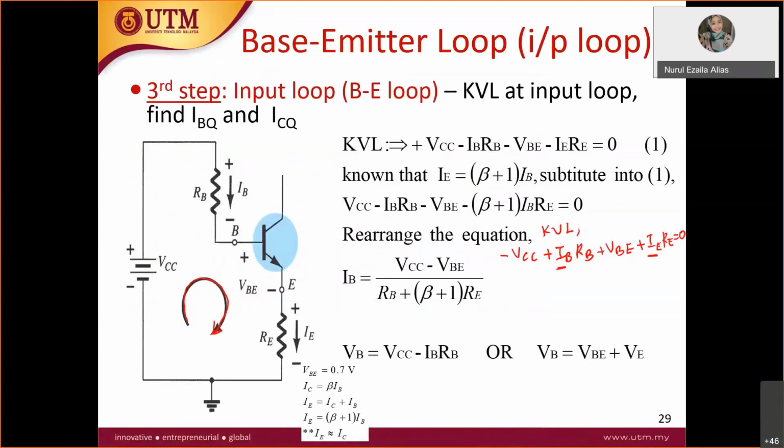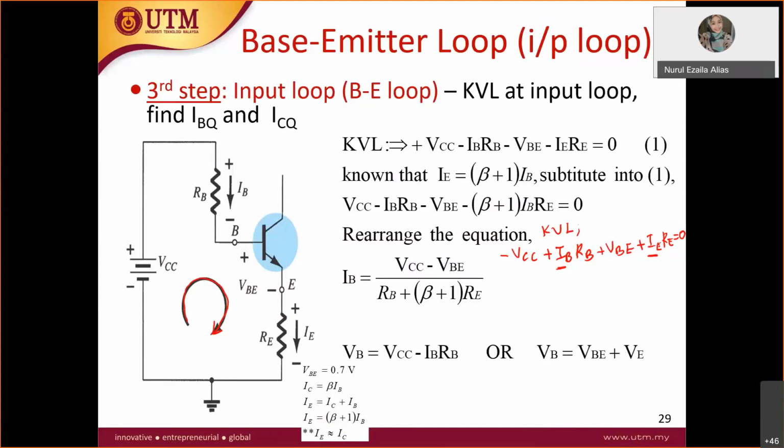Now we want to simplify this equation. We have IE and also IB. So what can we do? From this equation, we know that IE is equal to beta plus 1 IB. So we simplify this equation.